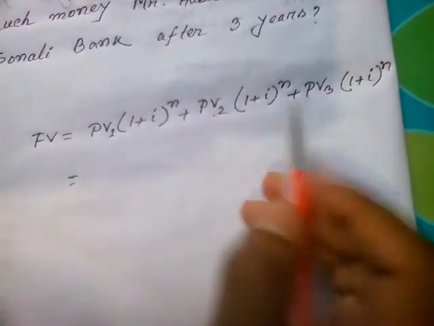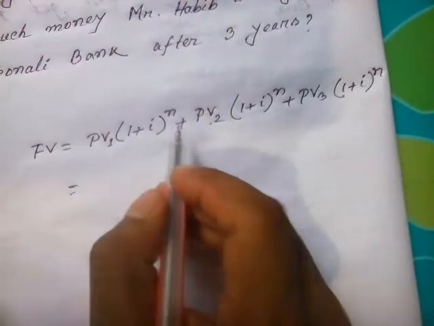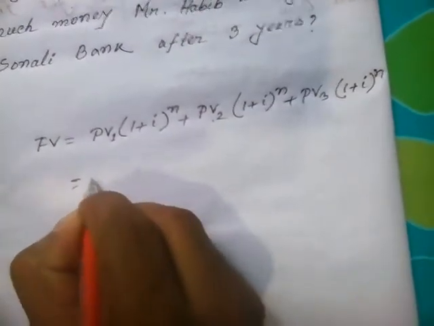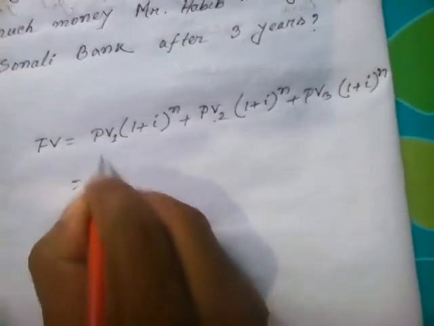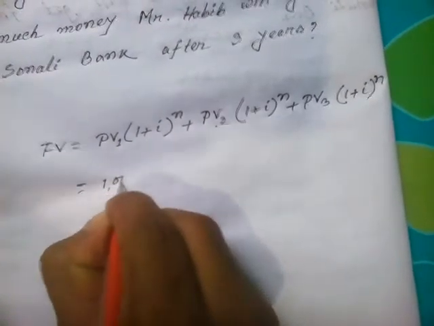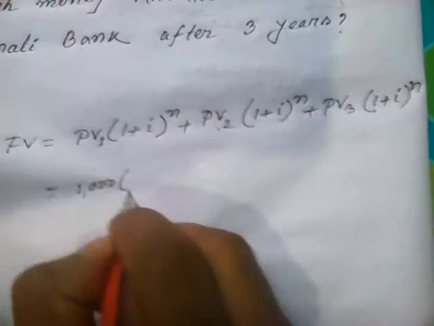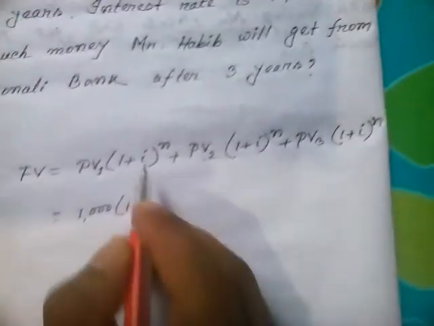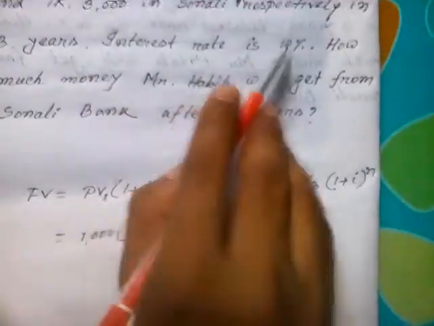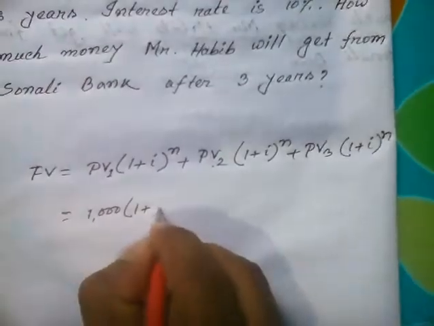Now the problem is how will we write n. So I'm writing PV1 equals 1000, then 1 plus I equals 1.1, as the rate is 10%, that is 0.1.